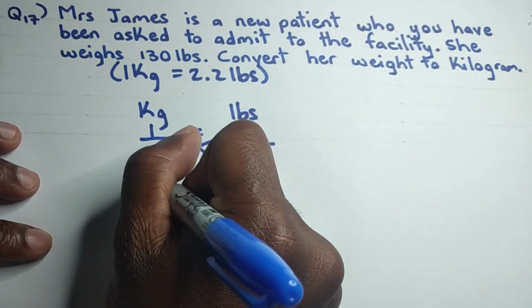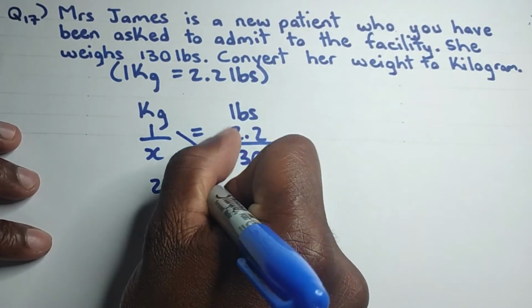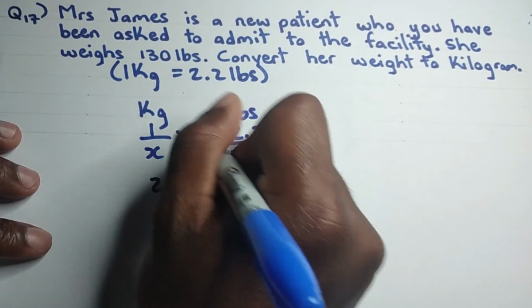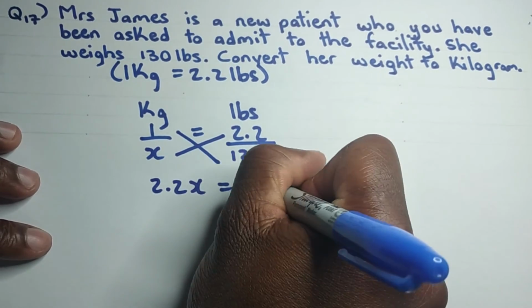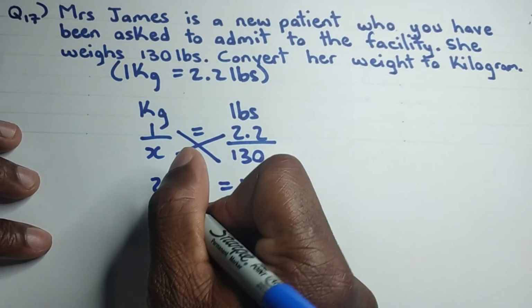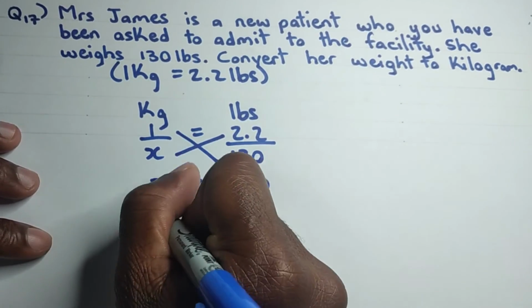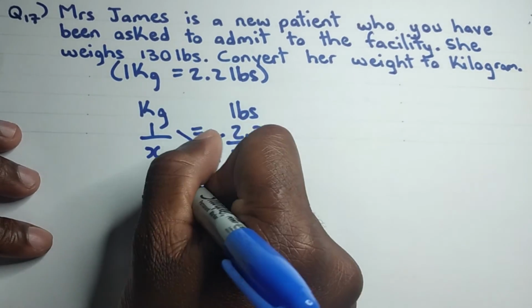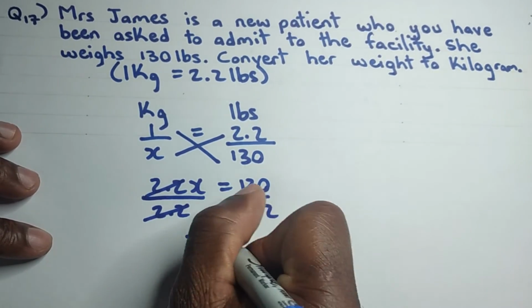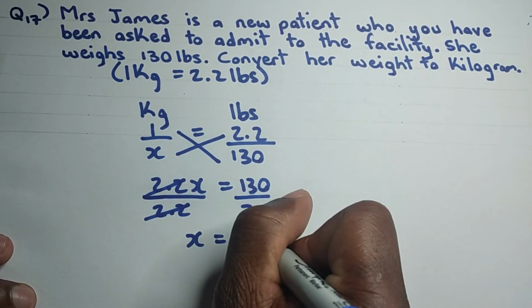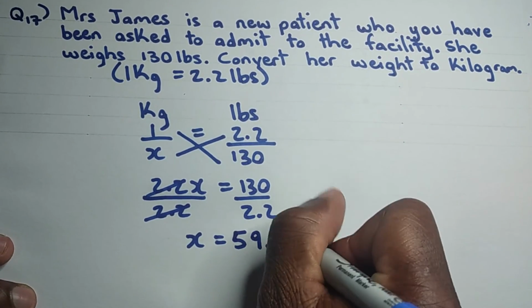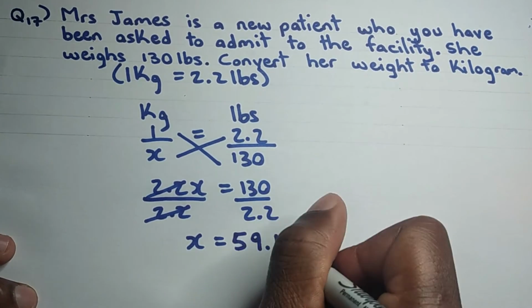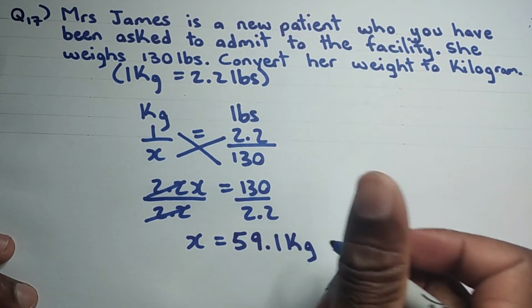So we'll have 2.2 times x is equal to 1 times 130. Then we can divide both sides by 2.2, and see what we'll get. So x will be equal to 59.1 kilograms, if we choose to round this to 1 decimal place.